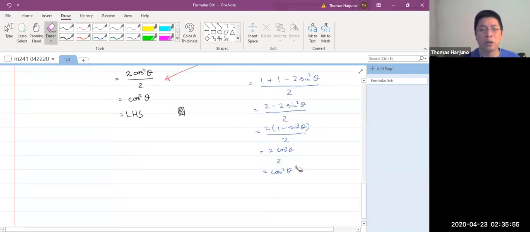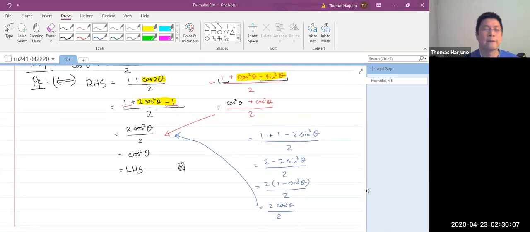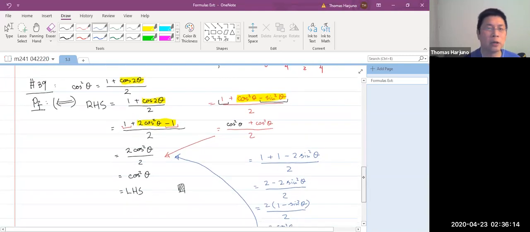Now this formula will be used in the next section, but for now, they have a name for this formula.